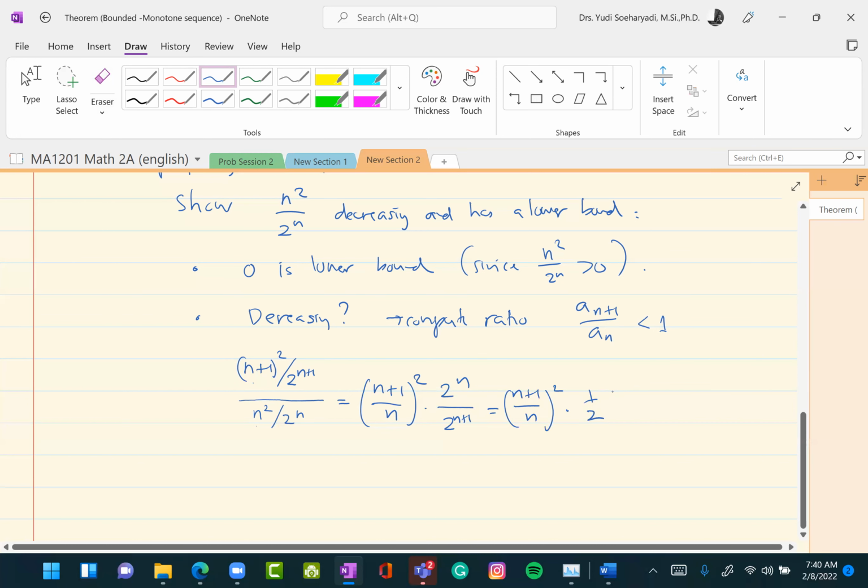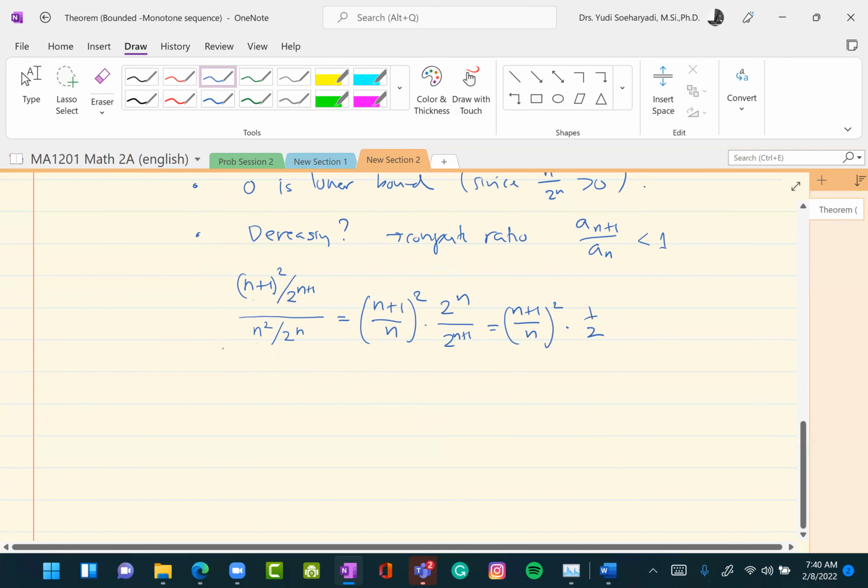Okay, so then let's check (n+1) squared over n squared. n is at least 3, right? So for 3, this looks like 16 over 9. What can you say about this one? The question is whether this is less than 2.